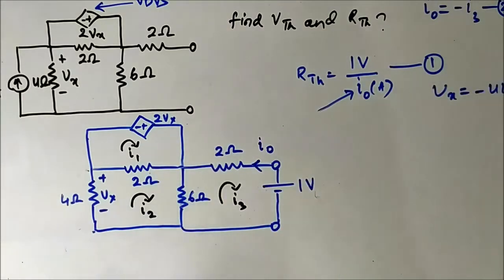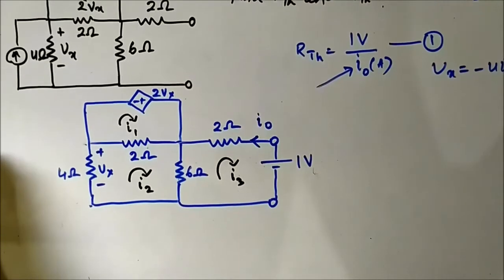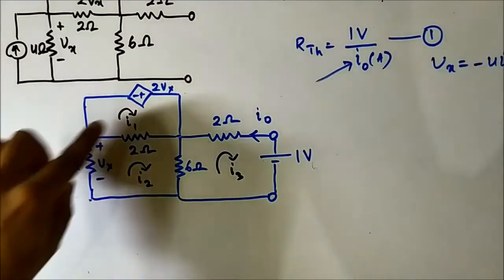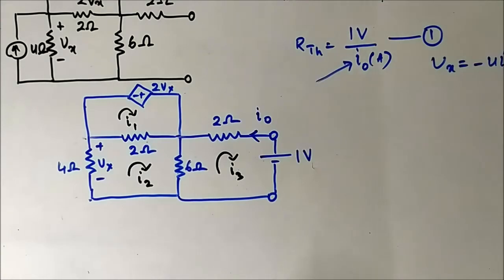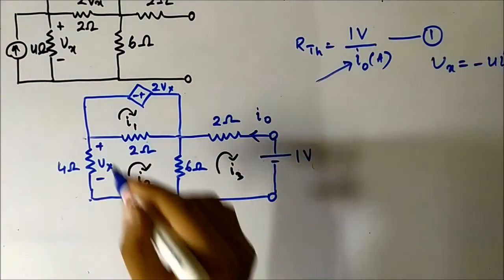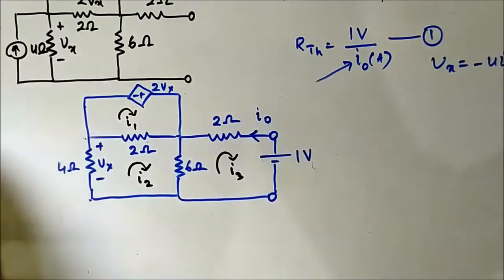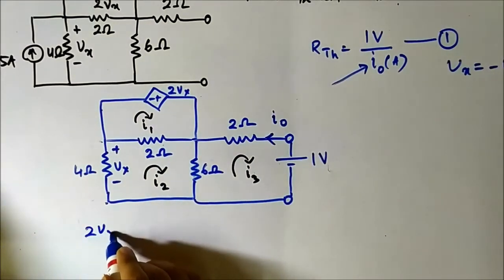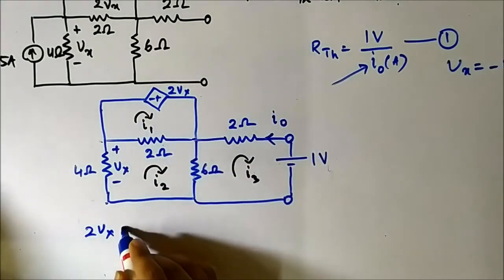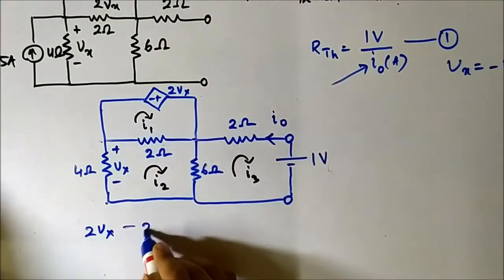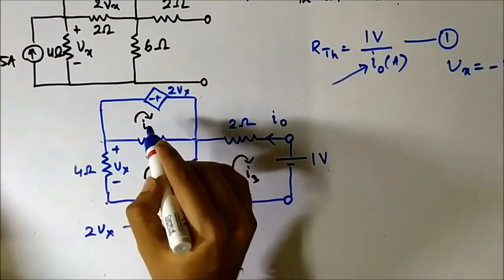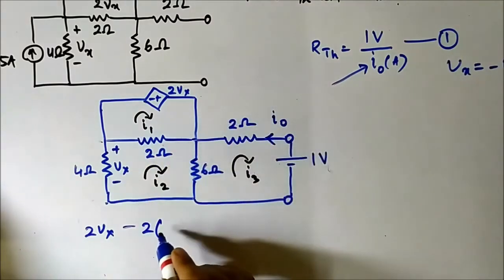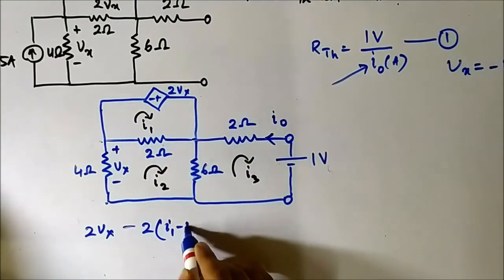Okay, so now let us write the mesh equation for each of these meshes 1, 2 and 3. So for the first mesh we will be writing the equation. So it is 2Vx minus 2, considering I1 as the reference, I1 minus I2.